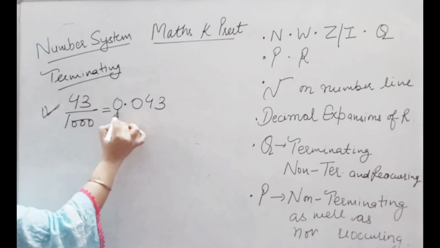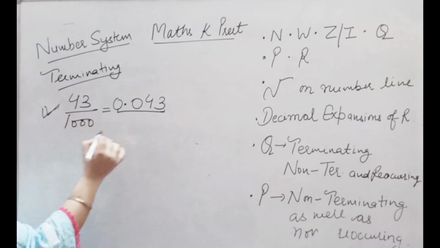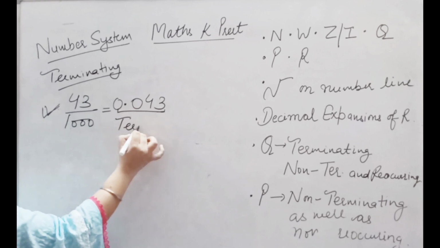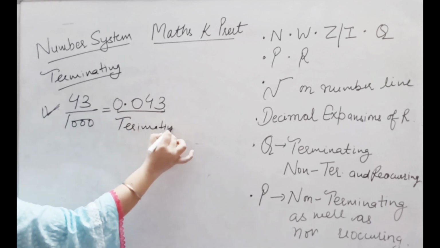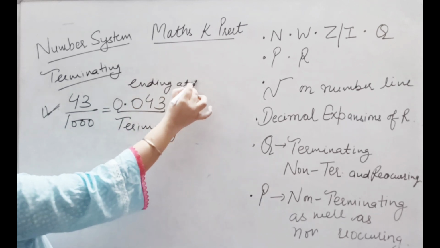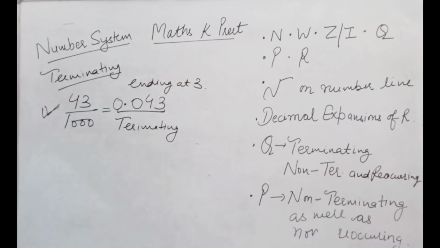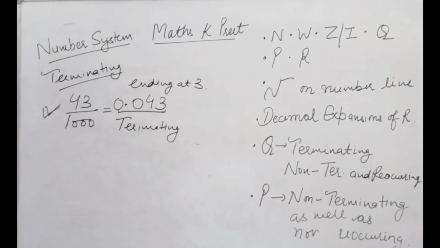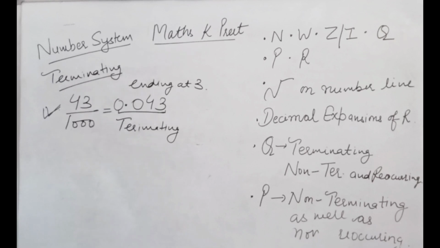So this decimal expression is what? Terminating. It is ending somewhere, ending at 3. When a number ends, it is called terminating. So this number is clearly a rational number.